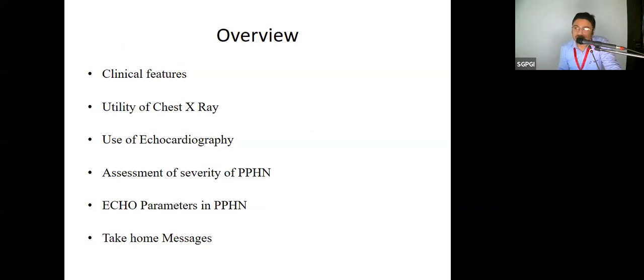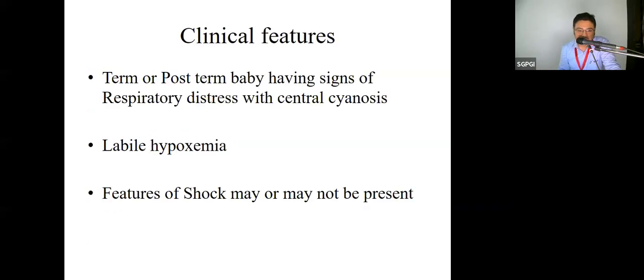And some take-home messages. As we have already learned in the morning lectures, the aspects of clinical features are not actually only limited to term and post-term babies. So this is the usual scenario which we get.